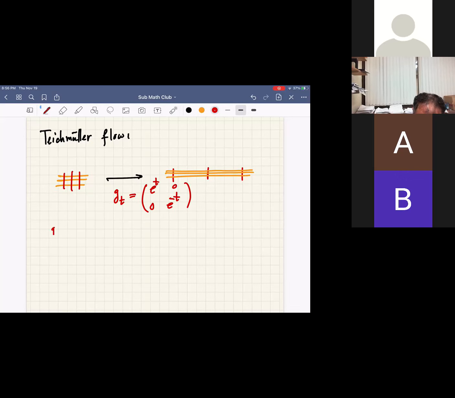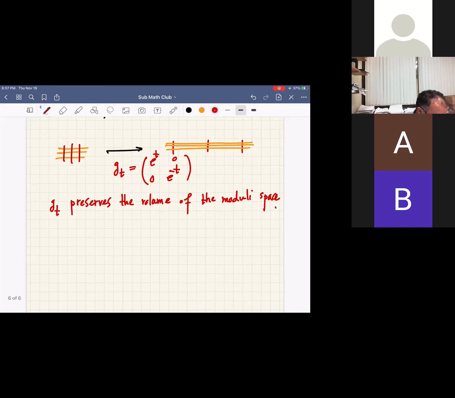First of all, g_t preserves the volume of the moduli space, which is the space of all these flat surfaces. This is a very crucial property.